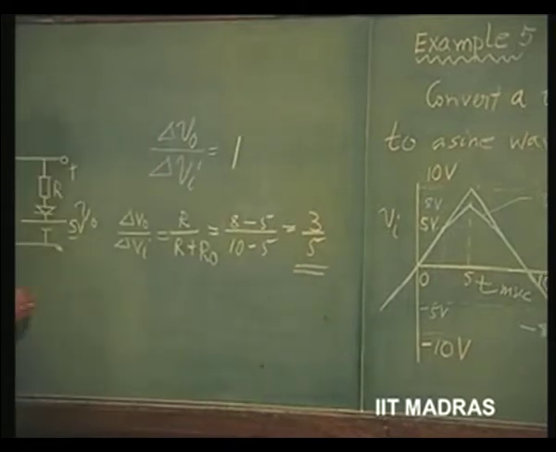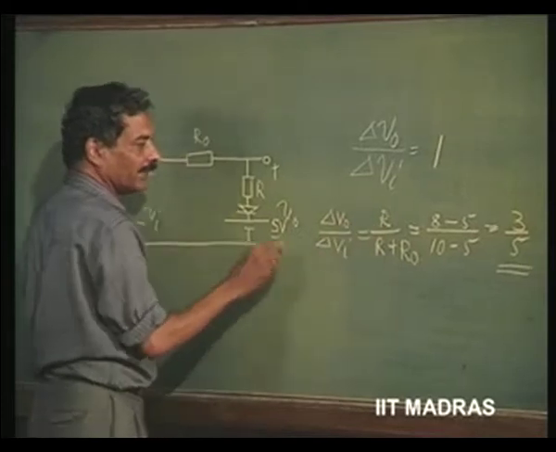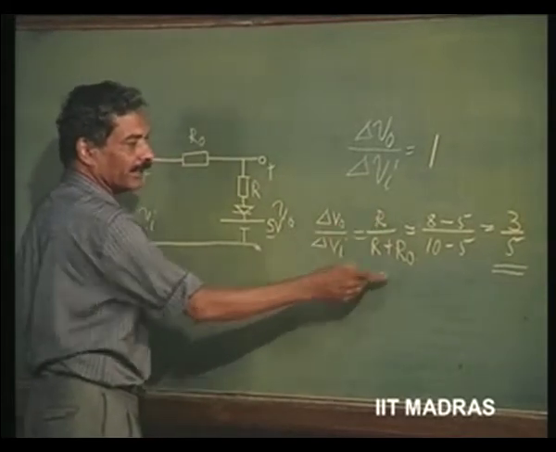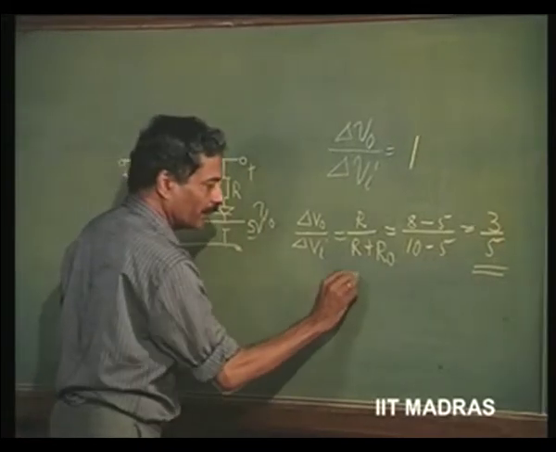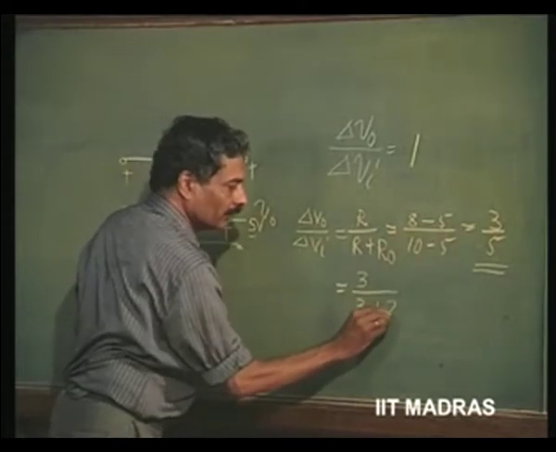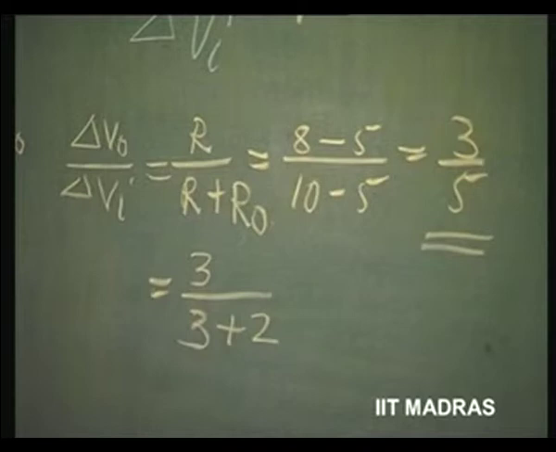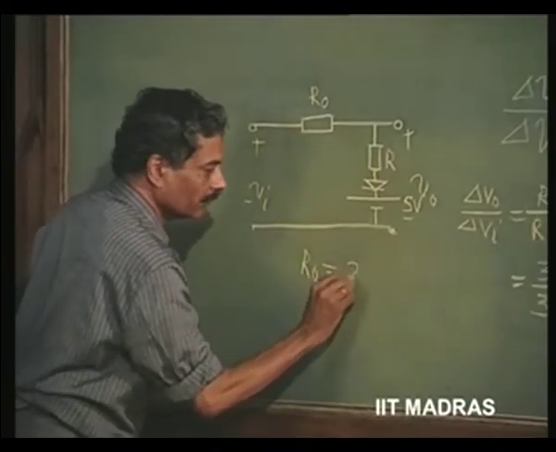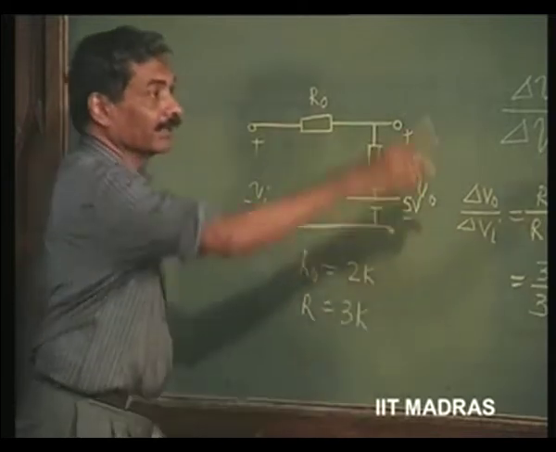So, if I put R equal to 3K, R naught should be equal to 2K, simple. This will be 3 by 3 plus 2. So, if I put R naught equal to 2K and R equal to 3K, I get this curve.